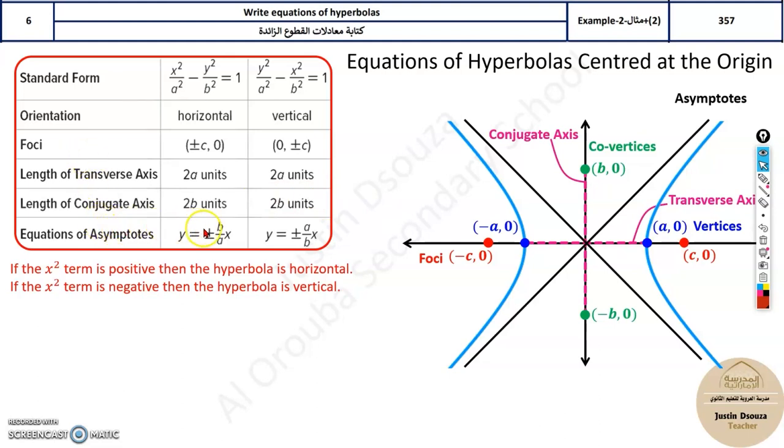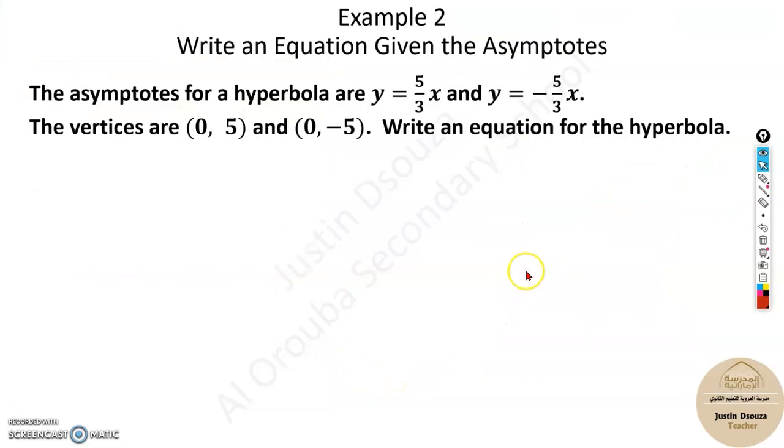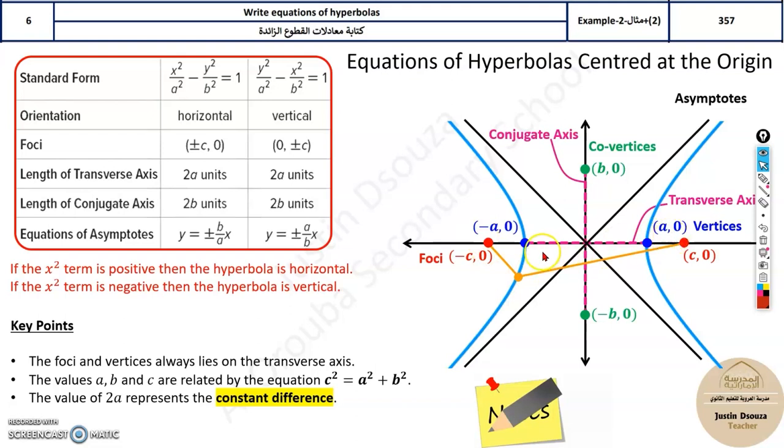The equation of the asymptote is also important. If it is horizontal, it's b by a x, whereas it is a by b x if it's vertical. If you want to find the value of c, you can use this formula. It's always c, or a, or b. Use this formula and you can find any of these values. So it's very simple. Here, this is the foci, the vertex, the co-vertex.